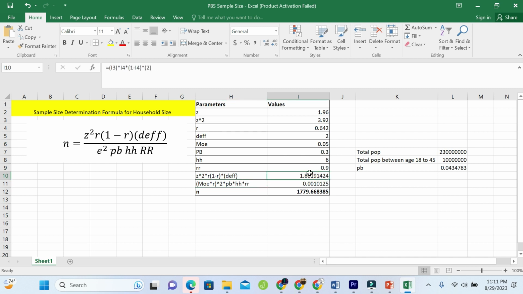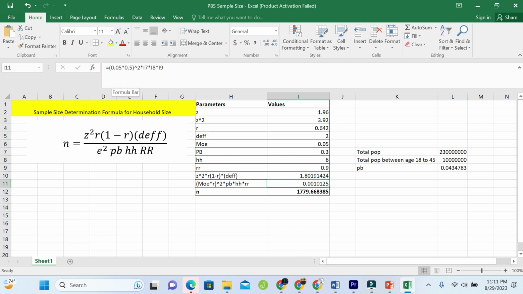Here we can put the values one by one. You can see I have put the value of Z square, which is here, and then I have put the R value, which is this 0.642, and then 1 minus R, and then design effect. And here I'm going to take all the values.